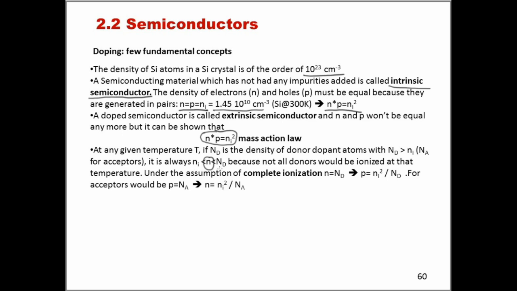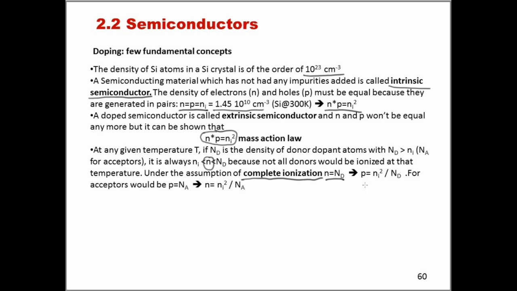If, though, the temperature is high enough, and high enough, as we said, means that the thermal energy is enough to promote the extra electron from the donor dopant into the conduction band, then we can assume that we have complete ionization of the dopants, and so effectively n is equal to Nd.